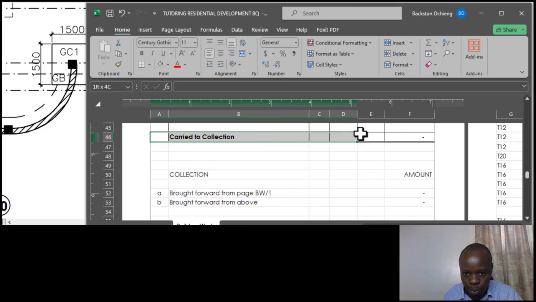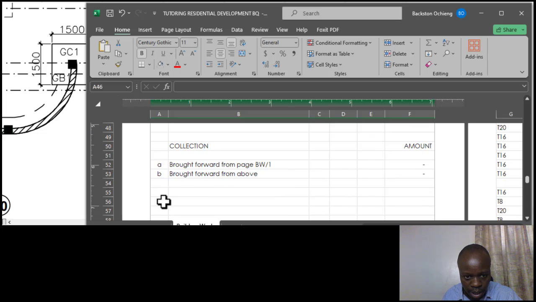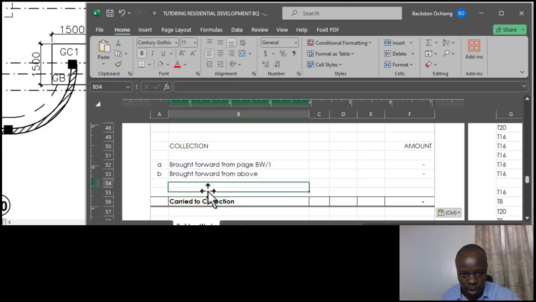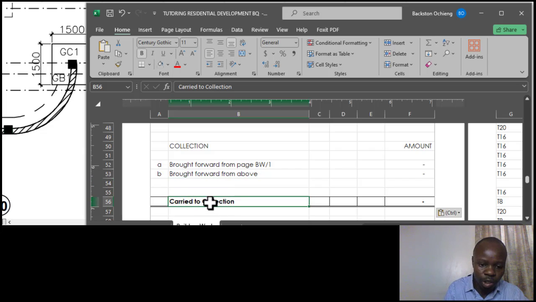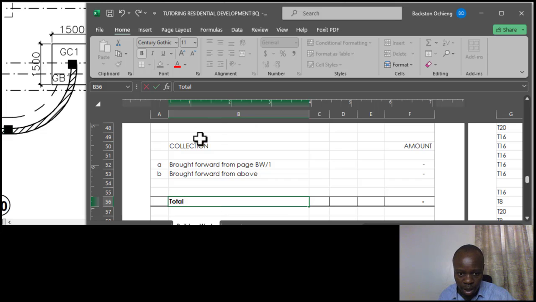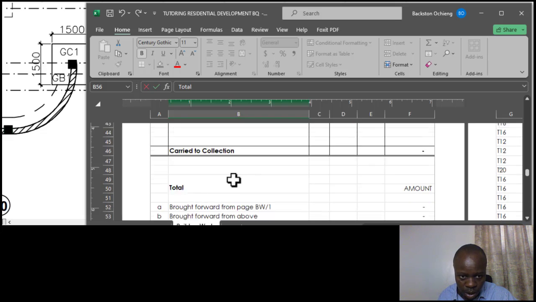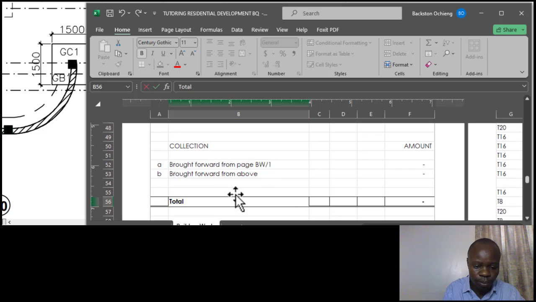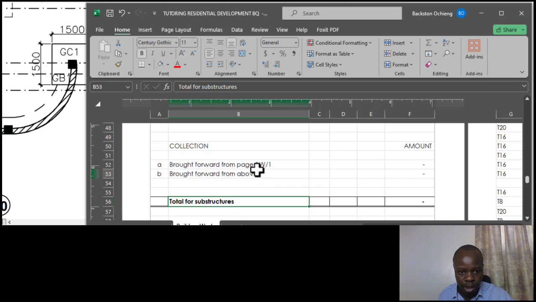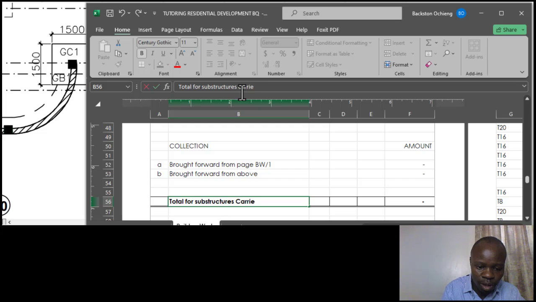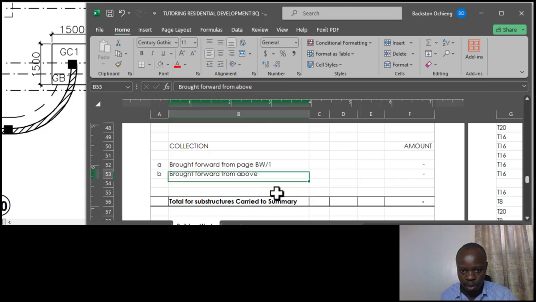Actually you can still just copy that, and you can bring it here, and then you talk about total for substructures, carried to summary of the section, of course.